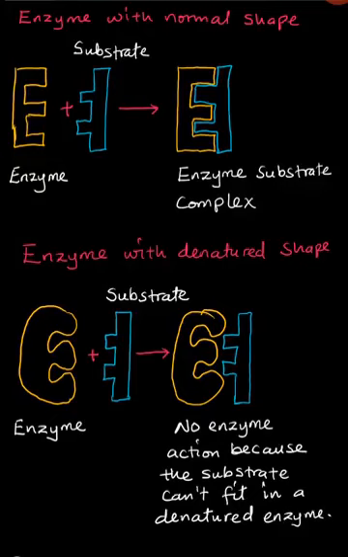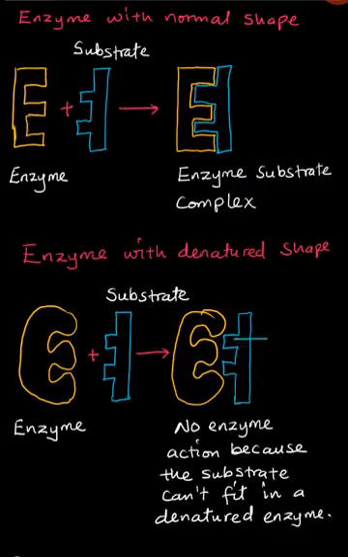Now, what happens is this. When you increase the temperature of an environment where a particular enzyme is working, its shape will be lost. Remember, enzymes are proteins, and when you heat any protein, it loses its shape. So when you increase the temperature of the environment where that particular enzyme is working, it will lose its shape, such that when this substrate comes to this enzyme that has been denatured because of the increase of temperature, this enzyme substrate complex will not happen.